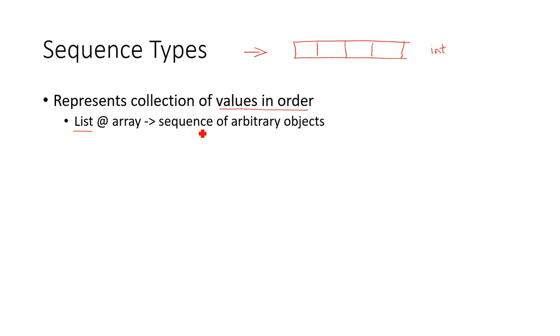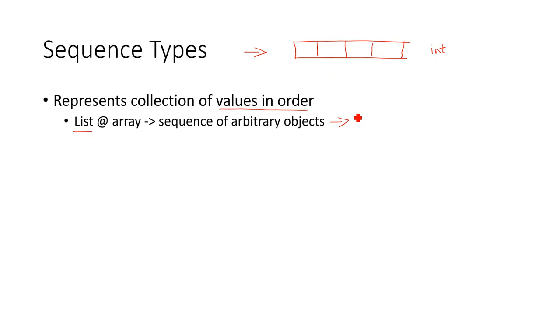A list is a kind of data structure which has a collection of arbitrary objects. What does that mean? Initially I told you an array is a collection of the same type of values in adjacent locations.